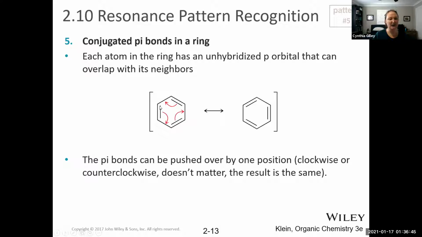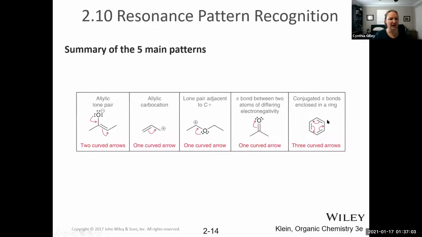We need 3 arrows to do that simultaneously to avoid exceeding the octet rule. The electrons can be moved in a clockwise or counterclockwise fashion, and it wouldn't matter either way. Here's a summary of the 5 main patterns.